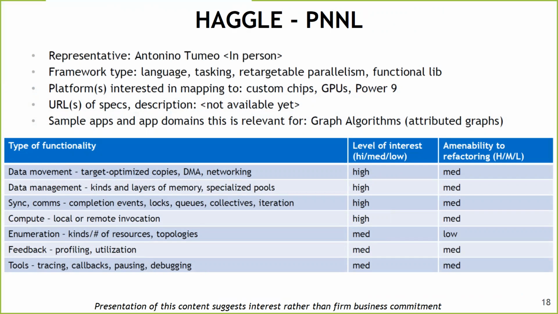Hello, I'm here to talk a little about Icon, the hybrid heterogeneous attribute graph generic library environment, which is a new project. The idea, as the name says, is that our focus is efficiently supporting graph algorithms.